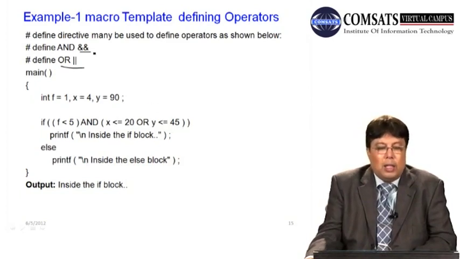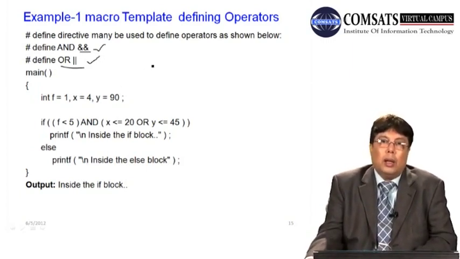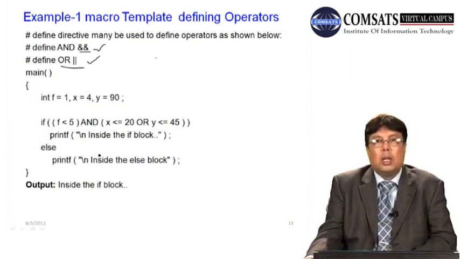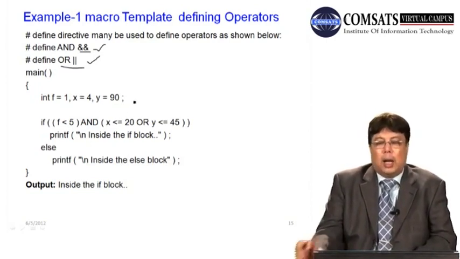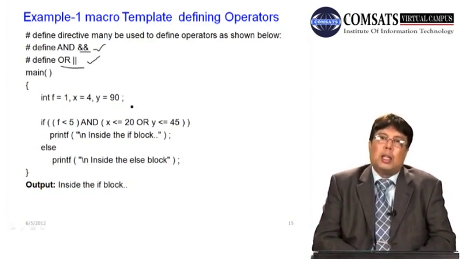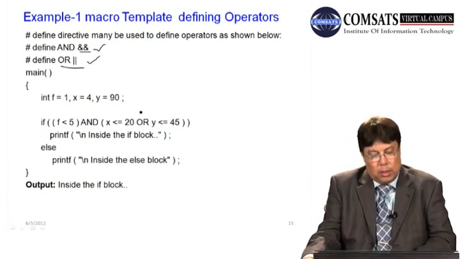So we have defined the conditional operators and, or, okay, conditional operators with the help of this macro templates, and we can use it. So खाली constants ही use नहीं कर सकते बल्कि हम वेरिएबल जो ऑपरेटर्स हैं उनको भी हम टेम्पलेट्स के तौर पर डिफाइन कर सकते हैं फॉर ओवर ओन कन्वीनियंस.